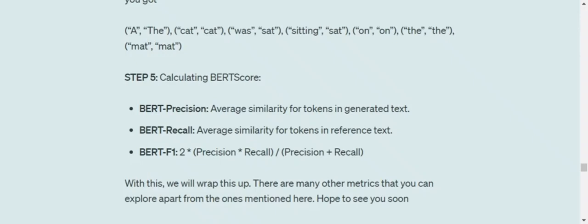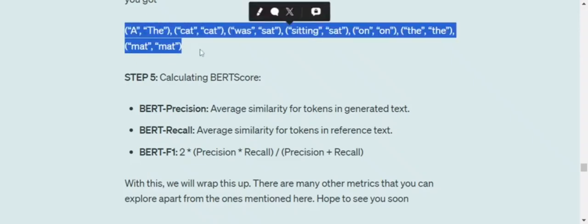Now, once all these pairs have been formed optimally using some algorithm, we would be calculating BERT precision, BERT recall and BERT F1.